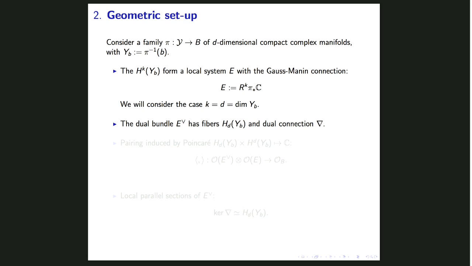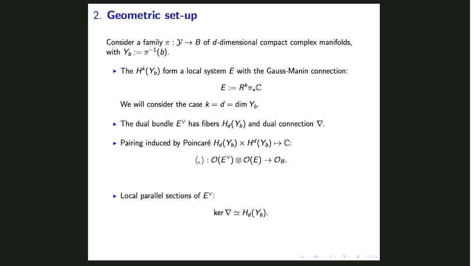Now, the dual bundle of E is a bundle whose typical fiber is the homology group in the same degree. I'll denote the dual connection nabla. And thanks to the Poincare pairing between the cohomology group and homology group, it induces a pairing at the level of the sheaf of sections.